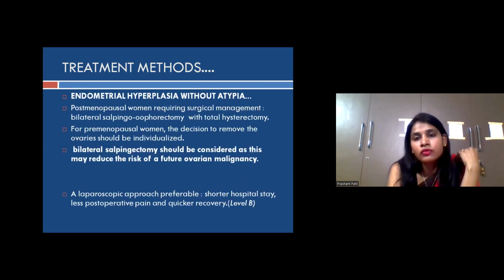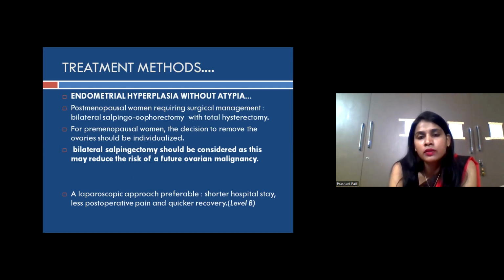So, postmenopausal women requiring surgical management. Whenever we are doing hysterectomy for a postmenopausal woman, it is always total hysterectomy with bilateral salpingo-oophorectomy. For premenopausal women, the decision on the ovaries again has to be individualized.